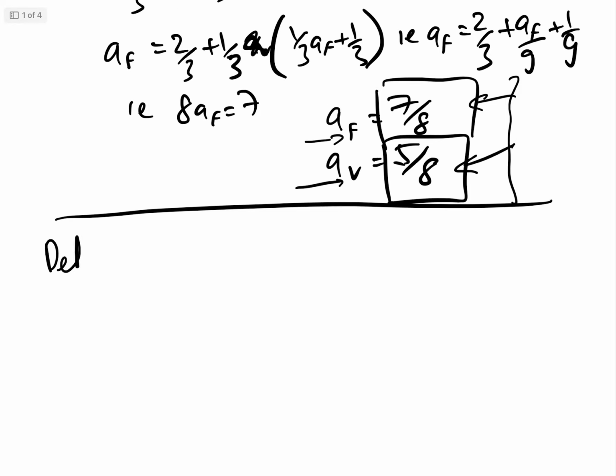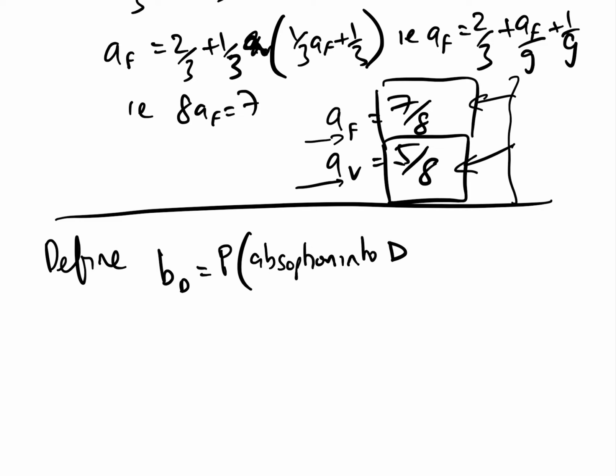So let us define BD as the probability of absorption into D, given that x0 is D. So that's the probability to get absorbed into D, given that he's already in D. Well, clearly that's basically the probability he gets eaten by the dragon, given that he's already been eaten by the dragon. So BD is clearly equal to 1.